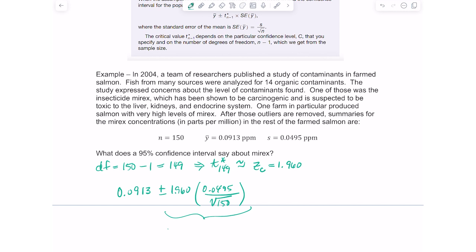and I get, for my margin of error, 0.008. Actually, I should do 0.0079. We'll go to 4 places since the point estimate is also 4 places. So I'm going to carry my point estimate down here. Okay, and then I'm going to create my interval.